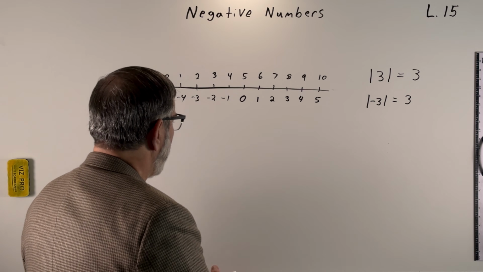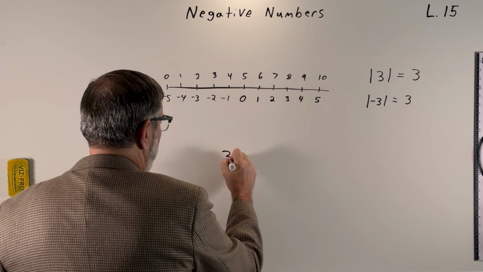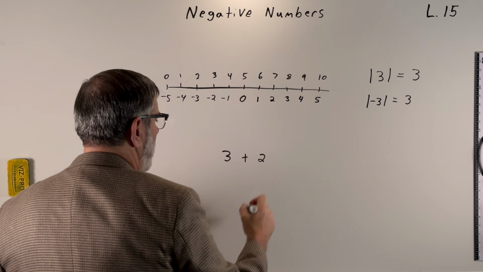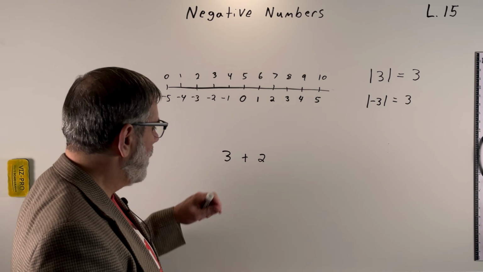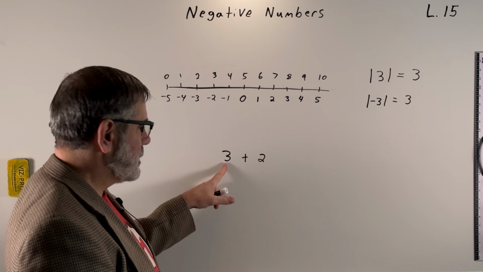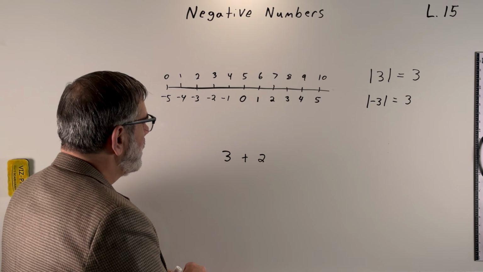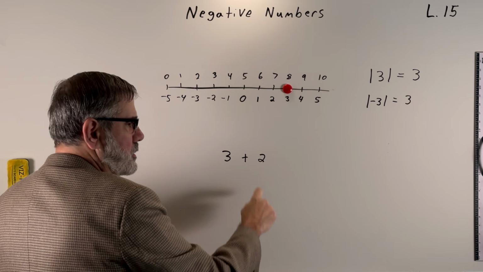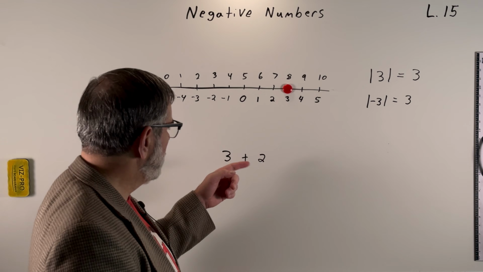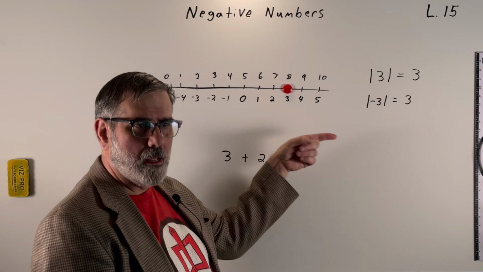So let's say that I have the problem 3 plus 2. Well, how am I going to interpret that? Well, what I suggest is thinking of this as kind of a starting point, 3. So we'll put our point here at 3, and then it says move 2 units to the right. So we're going to think of the plus, the positive direction, to the right.